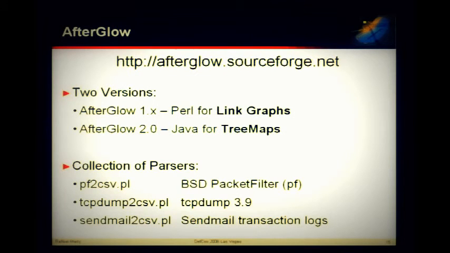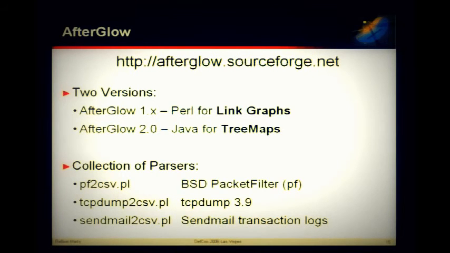What you will also find in Afterglow is that when I started playing with log files, I needed to write parsers, because otherwise I couldn't really visualize my log files. So I decided to put the parsers I'm writing onto the Afterglow distribution as well.